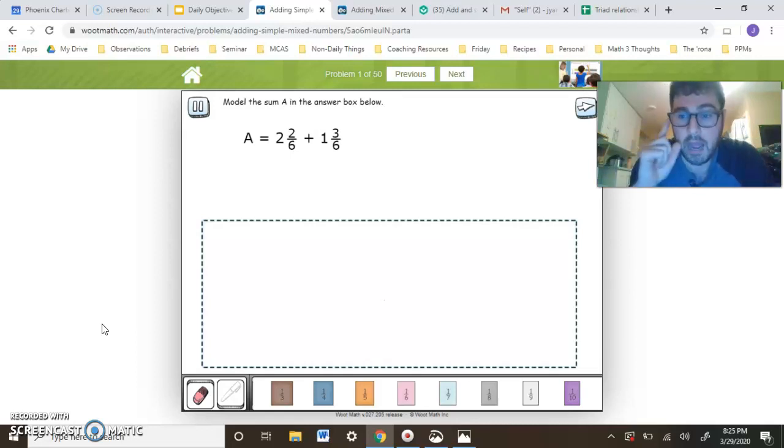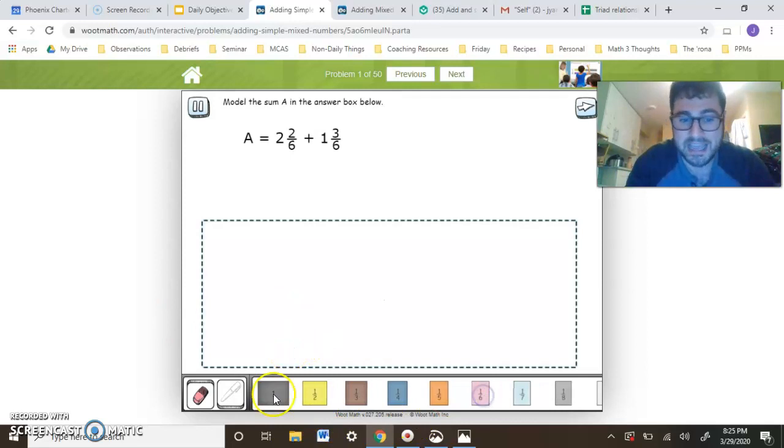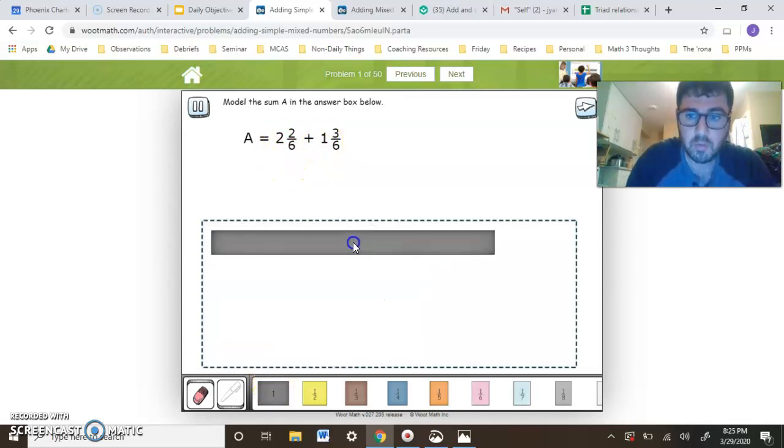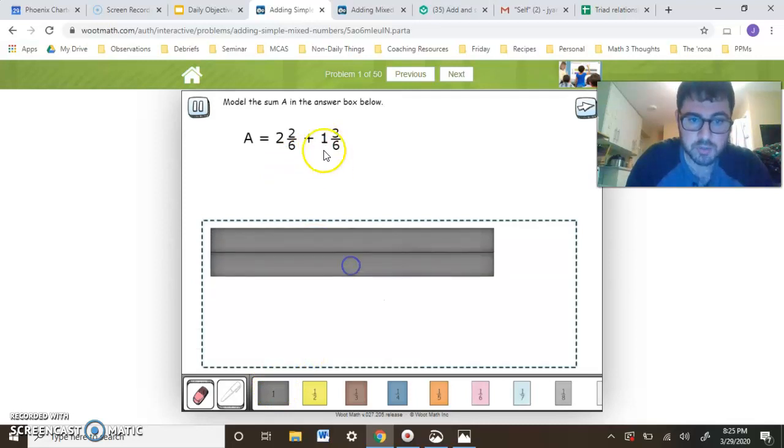Great. What I want to do right now is I want to start off by modeling this. Now we know that if you were to be solving this sort of problem, look at my words. When you looked at this problem, you probably thought, oh, I need to add my whole numbers first. 1, 2, that represents this.